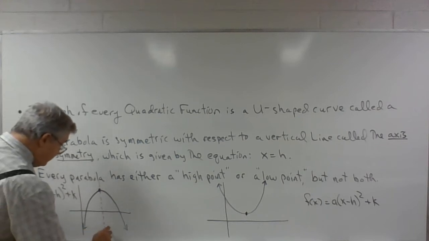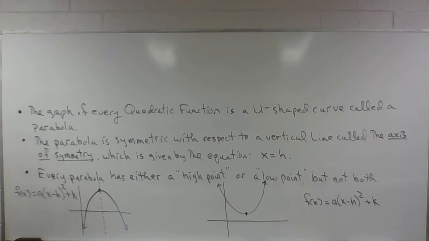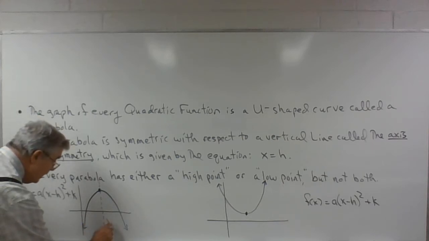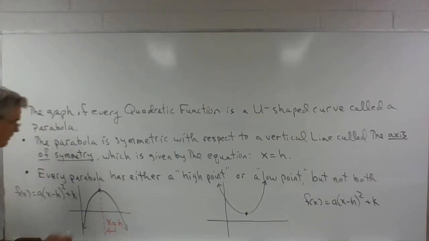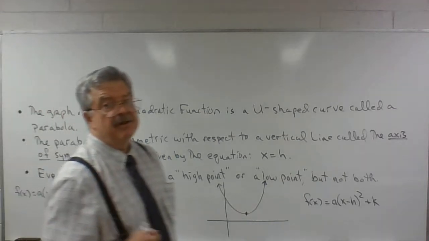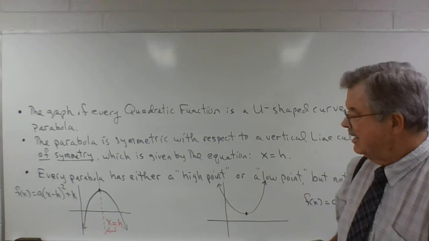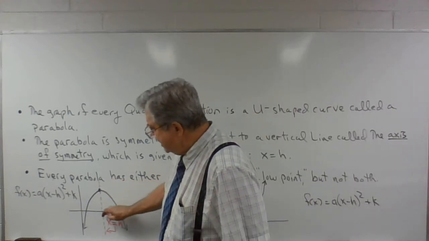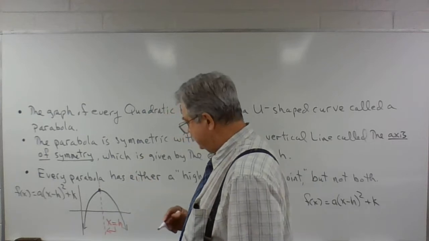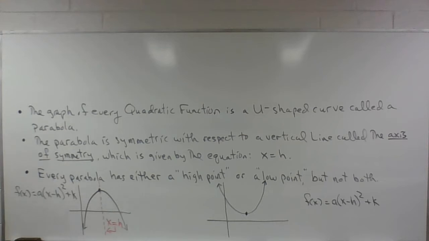So this thing is our axis of symmetry. And the equation of that axis of symmetry is going to be x equals h. Remember, on a vertical line, the x-coordinate of all of the points are the same. So here, the x-coordinate of every point on this vertical line is h. Here's our axis of symmetry.